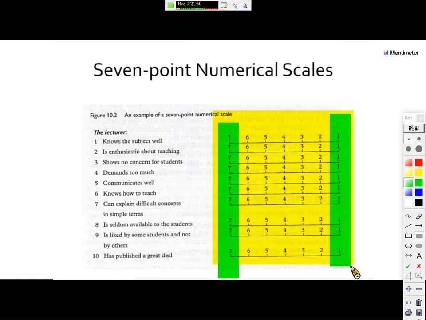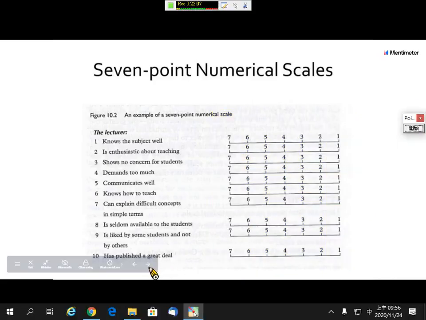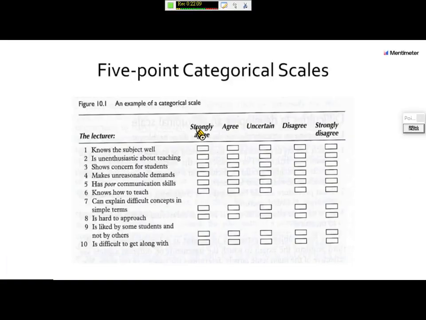You will feel more comfortable choosing anything in between. You will not choose 7 or 1. Most likely you don't. But you will feel more comfortable choosing this or this if there are only 5 scales.